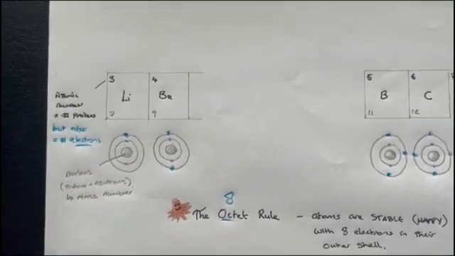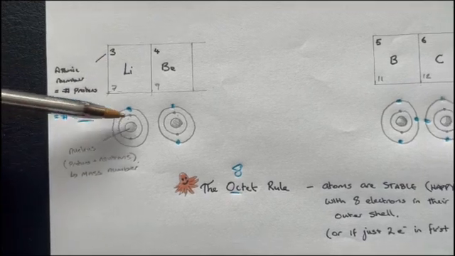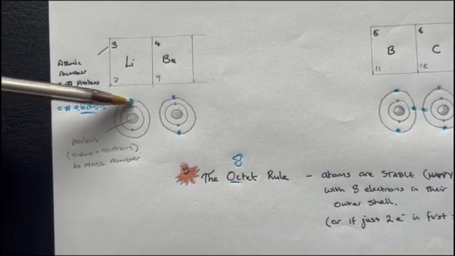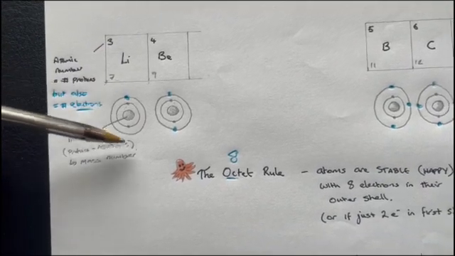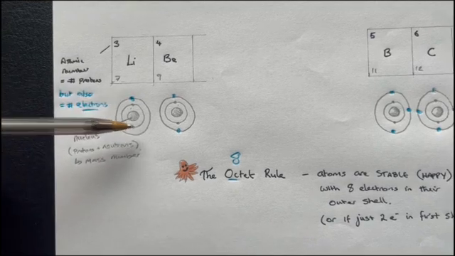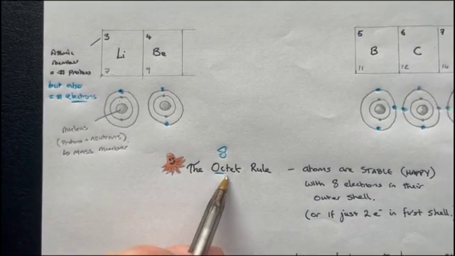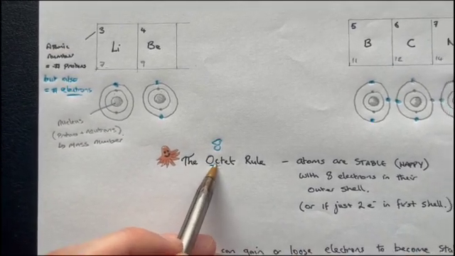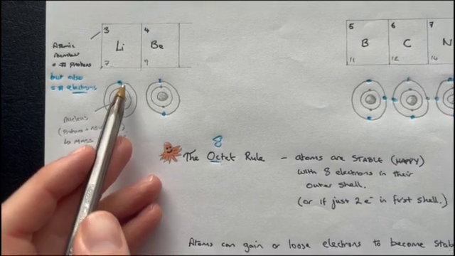So let's look at our lithium. It currently has just 1 electron, drawn in the blue, in its outer shell. It doesn't have 8 electrons in its outer shell, therefore it's not happy.